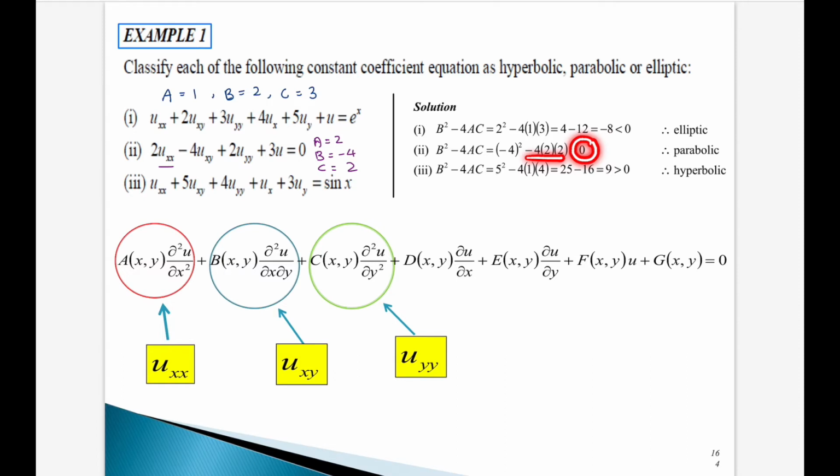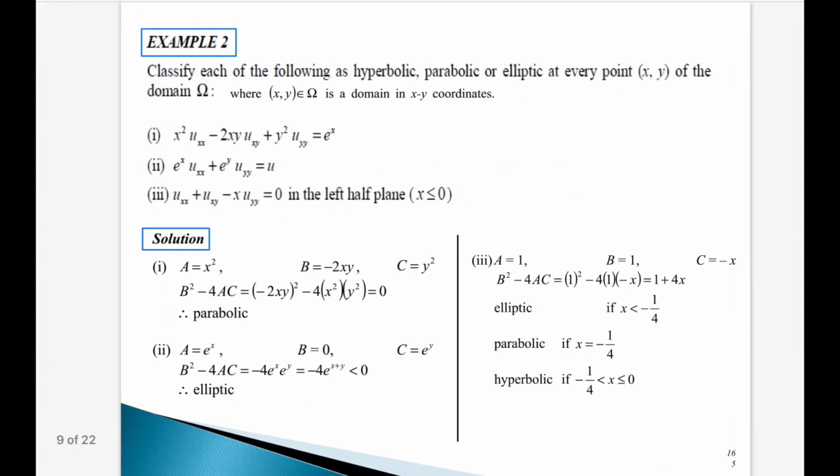So this type of PDE is a parabolic equation. Number 3, A is equal to 1, B is equal to 5, and C is equal to 4. Substitute into this equation and simplify, then you get 9. 9 is greater than 0, so it is hyperbolic. That's how you classify each of these PDEs.